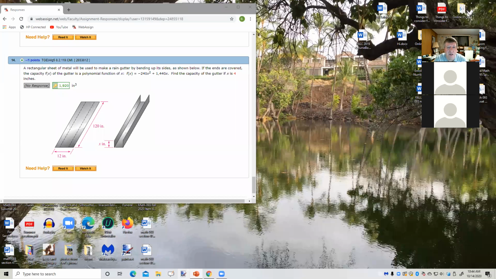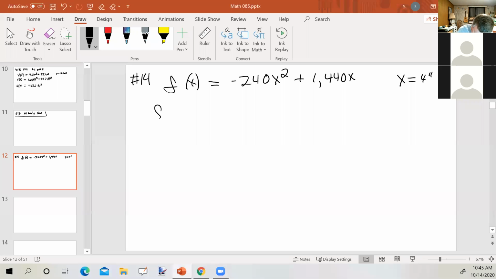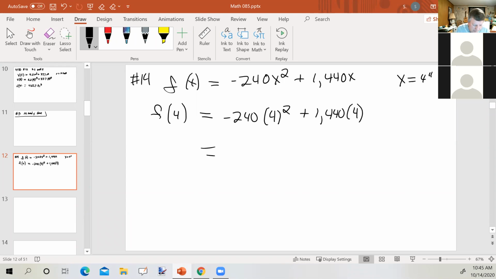Find the capacity of the gutter if x is 4 inches. So basically what we're going to do is take that function and find f of 4. So we're going to have -240 times 4 squared plus 1440 times 4.